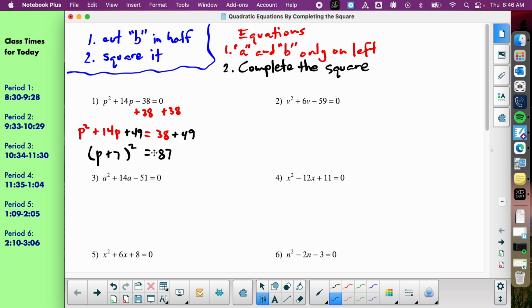From earlier this week, if our goal is to solve for p, do you remember how to cancel off the squared? What's the opposite of squared, I guess is what I'm trying to ask. Square root. So we would take the square root of both sides.